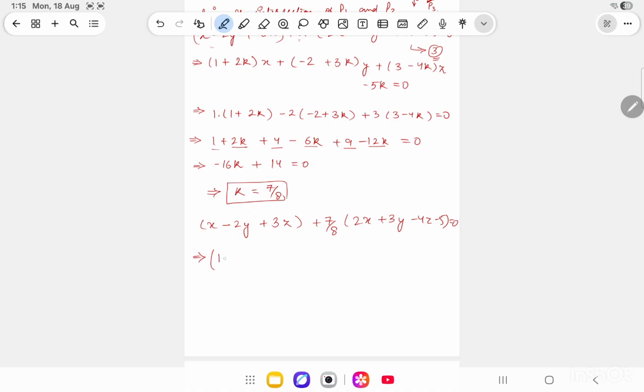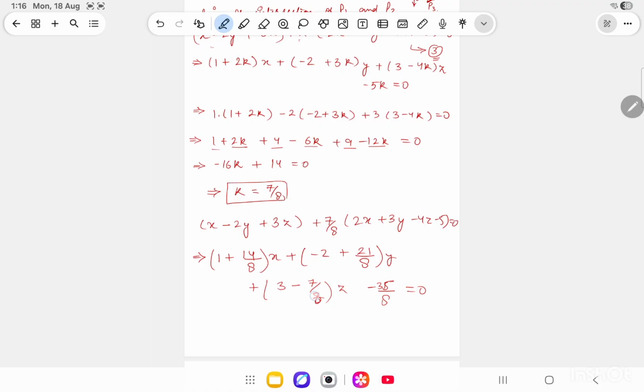On simplifying we'll get (1 plus 14 by 8)x plus (minus 2 plus 21 by 8)y plus (3 minus 7 by 2)z minus 35 by 8 equals 0.